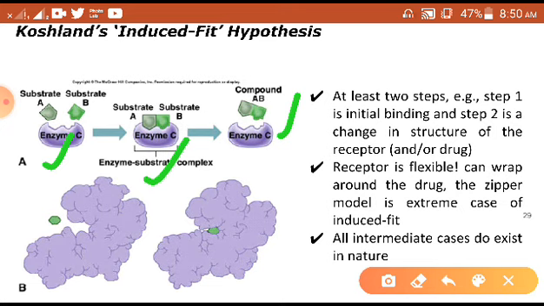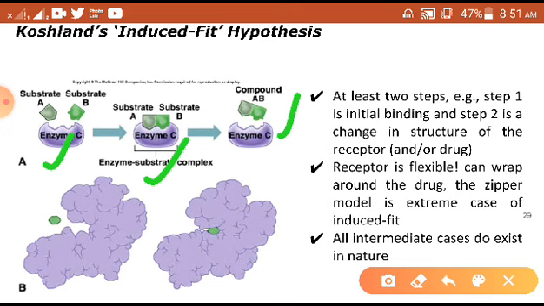I told you in the beginning as well, it is very important that the drug binds with the receptor as well as gives the conformational change in the structure. The receptor is flexible and can wrap around the drug. The zipper model is an extreme case of induced fit. Zipper model means, like when you see a zip, once you close the zip, it fits very nicely. Nothing can come out of the packet if the zip is closed.